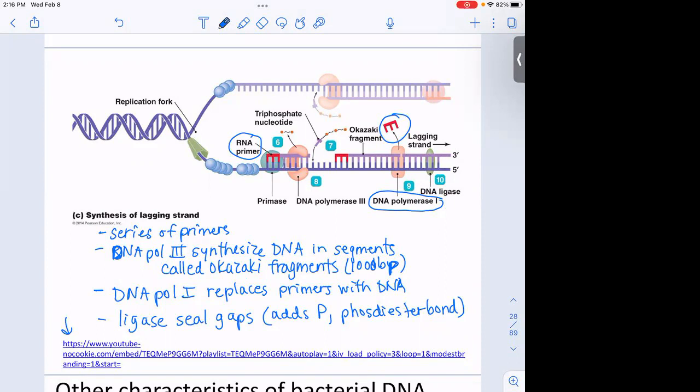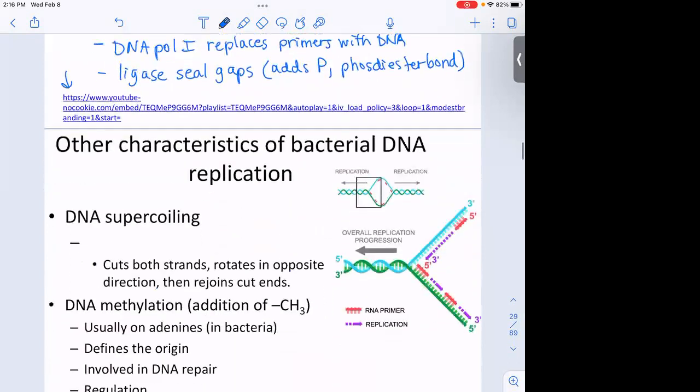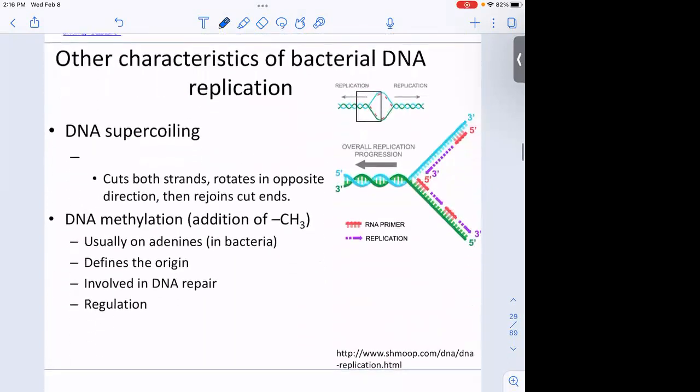Okay. Couple more details that I want to mention about replication. There's another important enzyme that deals with the problem of supercoiling. And you kind of understand supercoiling if you've ever sat on a swing and spun around and around and around, like who hasn't done that?